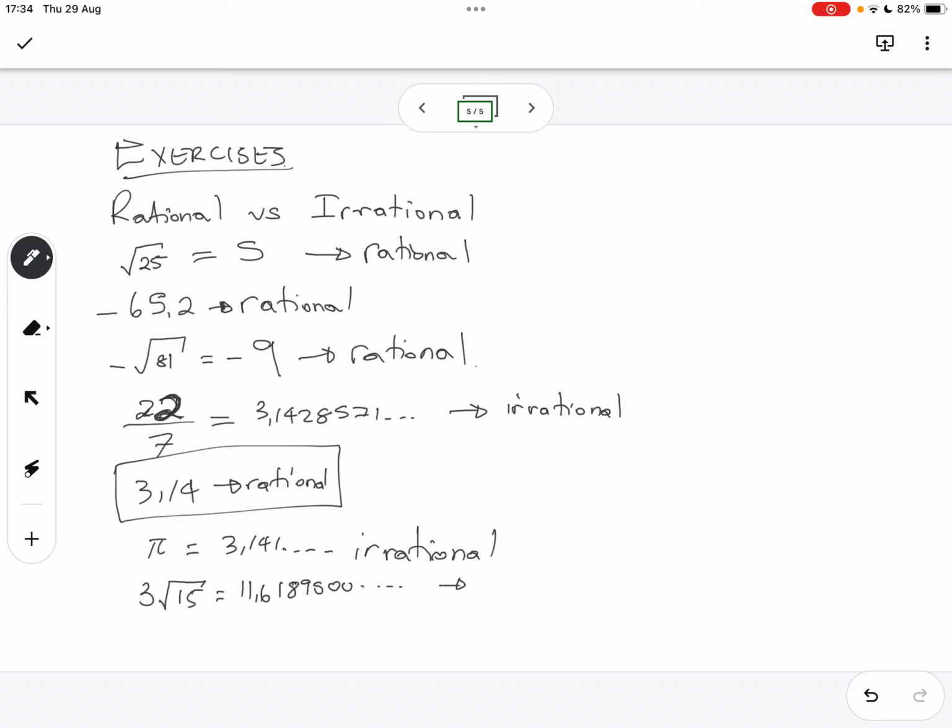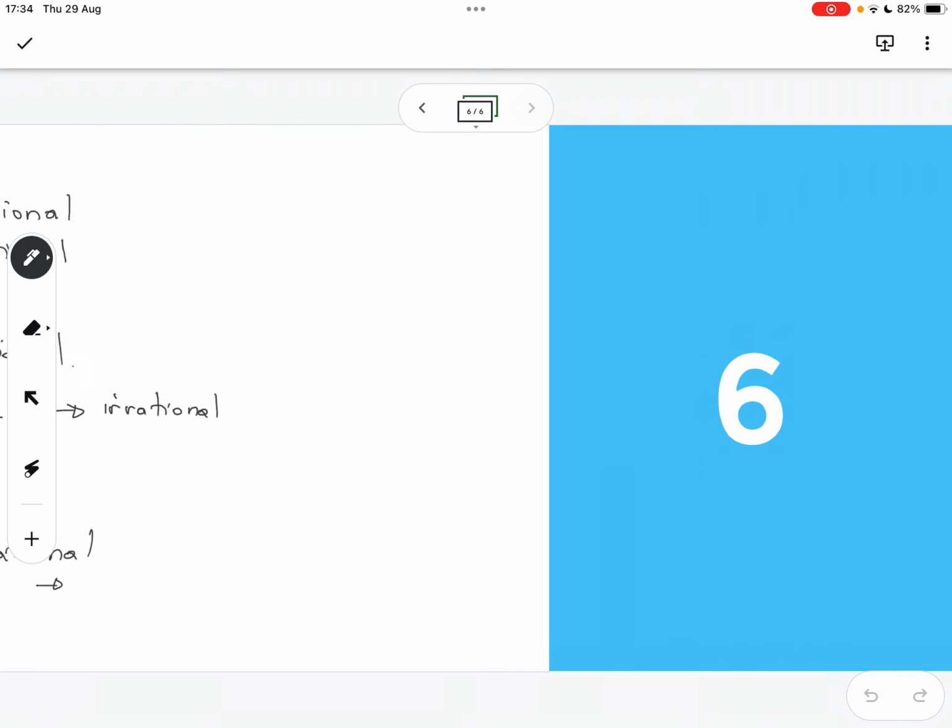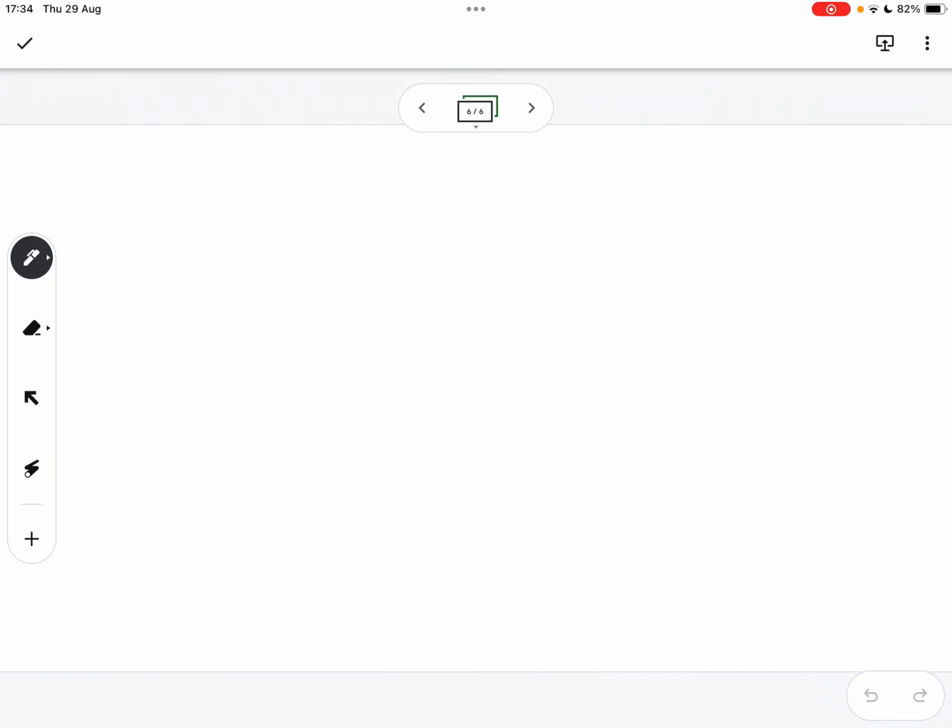Is this rational or irrational? Irrational. Good. Why? Because it's non-terminating and non-recurring decimals. Excellent. So you get the idea now, the difference between rational and irrational. Okay, I'm glad you do.